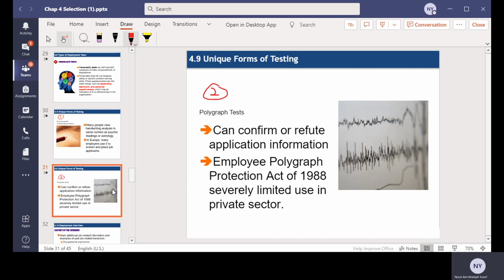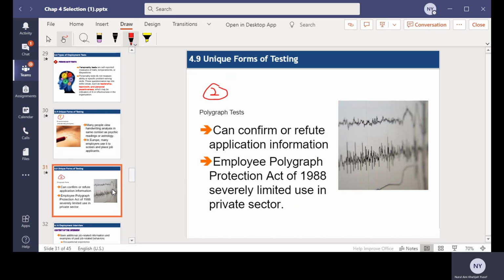They will put some equipment on your pulse, and then the manager will start to ask questions. Normally the police use this to investigate something. In Malaysia, I think for now we don't use it anymore, but countries like Japan and Korea, yes, they use this.